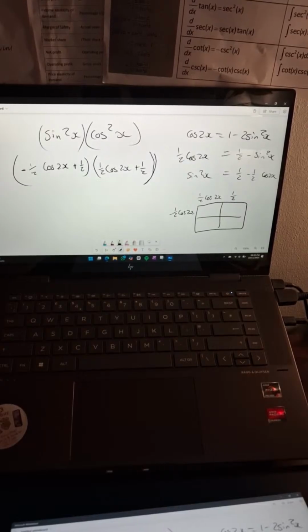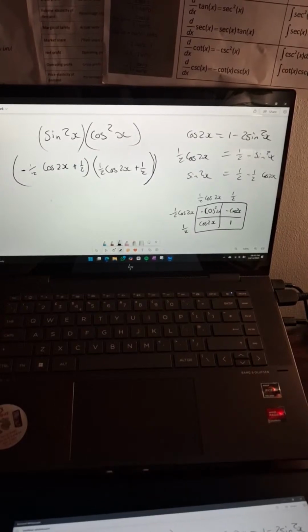cos 2x. Timesing these together, we'll get minus, no, just minus cos squared 2x. And this will be equals minus cos 2x, and that's equals 1. So in the end we get minus, no, this is not minus, so then they will cancel out.